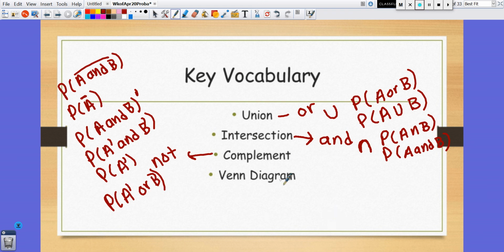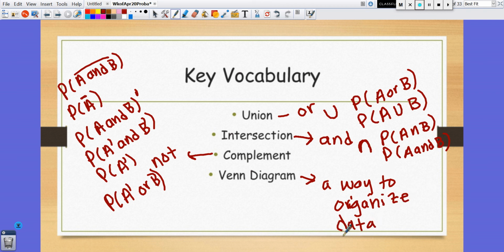Okay? A Venn diagram is a way to organize data to find probabilities.